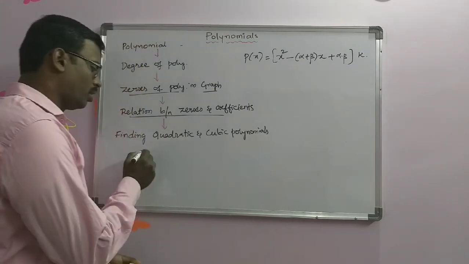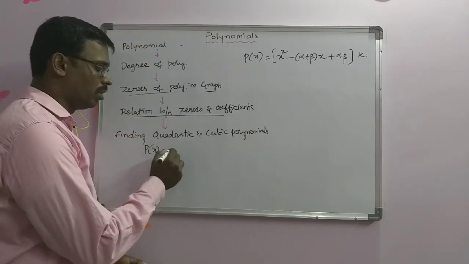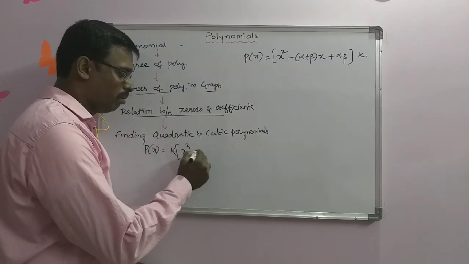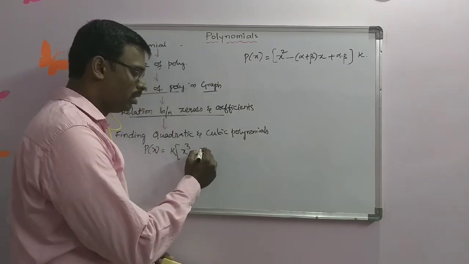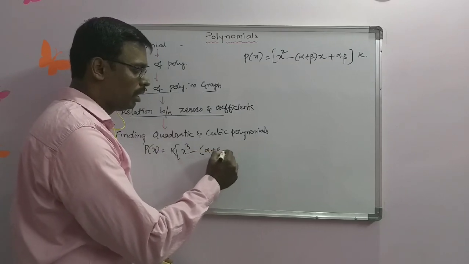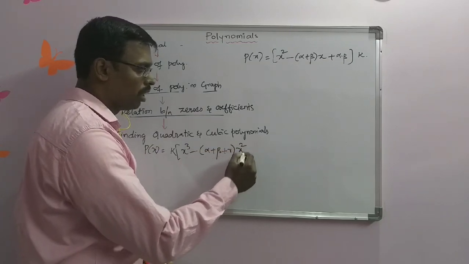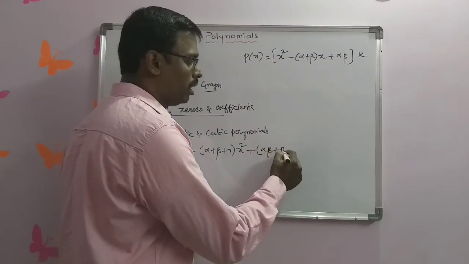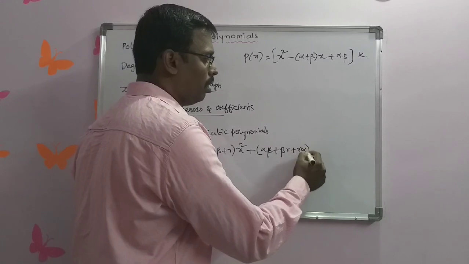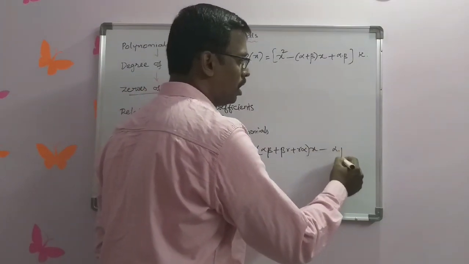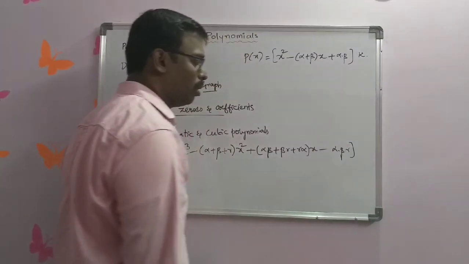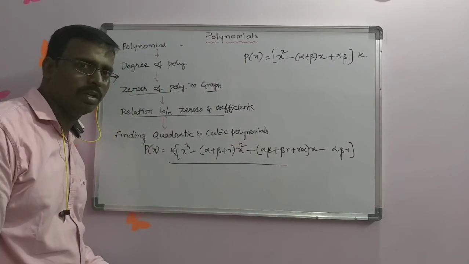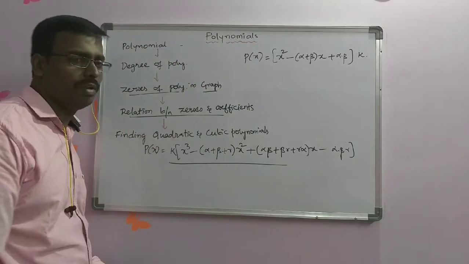And what is the formula for a cubic polynomial? p of x is equal to k of x cube minus alpha plus beta plus gamma of x square plus alpha beta plus beta gamma plus gamma alpha of x minus alpha into beta into gamma. So this is the formula to find a cubic polynomial, right? These things we have learned in the previous classes.